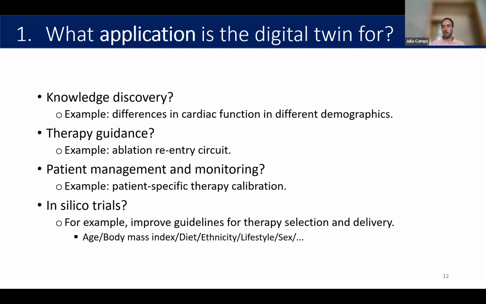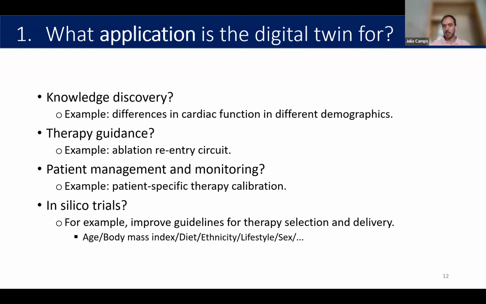It could also be therapy guidance. For example, you want to guide a clinical procedure, such as an ablation process. You want to know where to burn, and once you have burned, you want to update your digital twin and decide whether you need to burn somewhere else or not, or what you should do next.